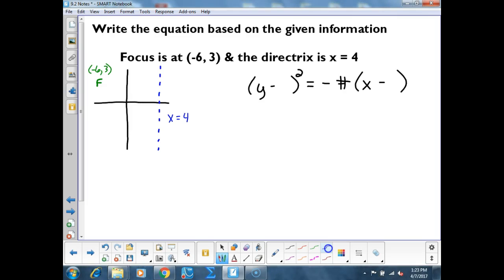Okay. So, what is this distance? That distance is 10, which means what? Halfway in between would be the vertex, right? So that means that P then is 5, and that my vertex is right there at -1, 3.